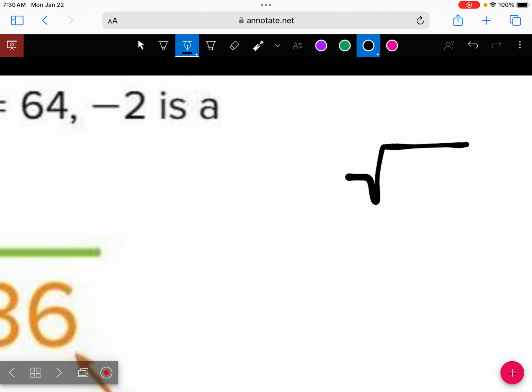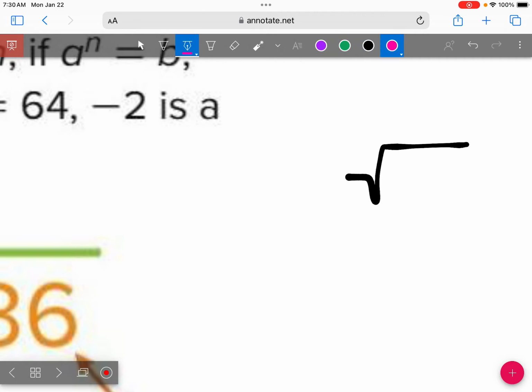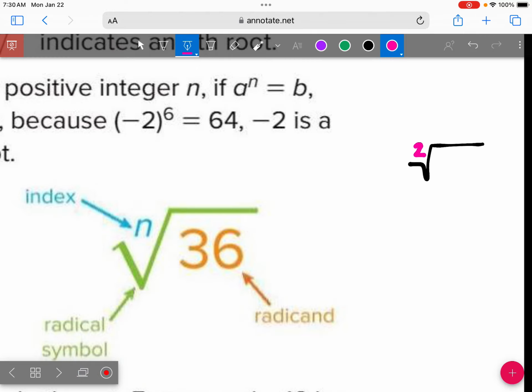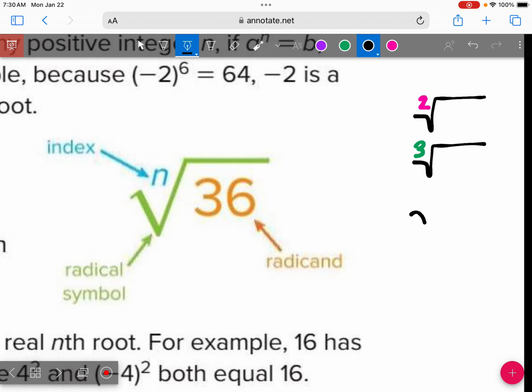All right, so in our square roots, there's an invisible index here. We don't usually write it because it's assumed that there's an index of 2. When we do something like a cube root, there's an index of 3. We can do something like a 4th root, which has an index of 4.